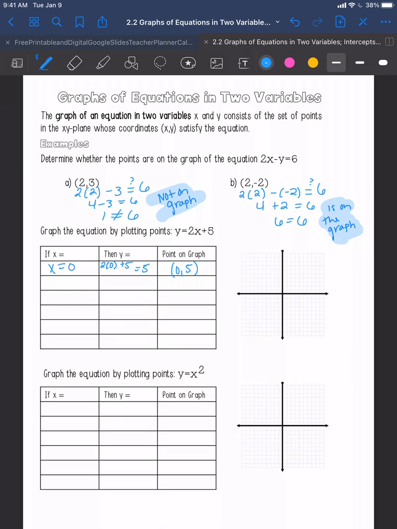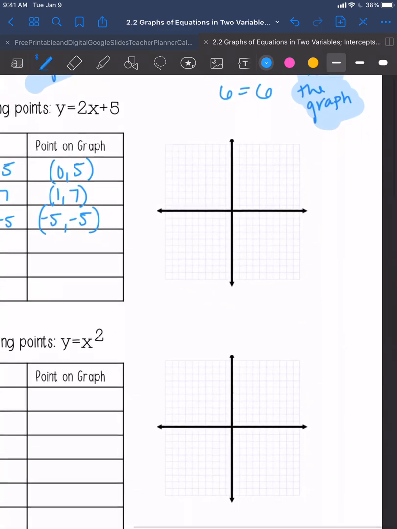I'm going to try x equals 1, so 2 times 1 plus 5, 2 plus 5 is 7, so the ordered pair would be (1, 7), and say maybe I try negative 5 for x. Plug in negative 5. That's negative 10 plus 5, which is negative 5, so the point (-5, -5) would be on the graph, and we can plot those.